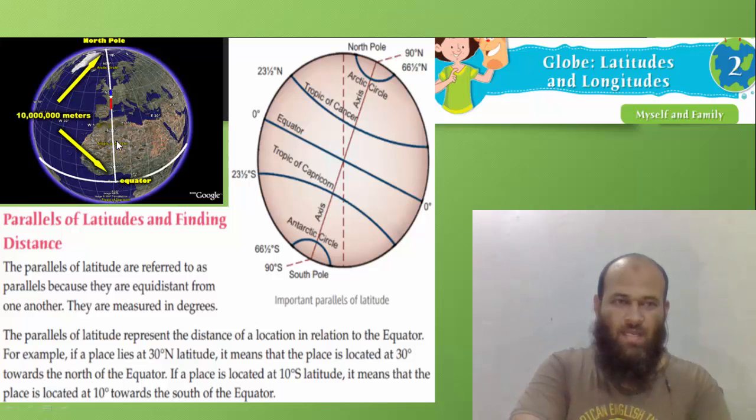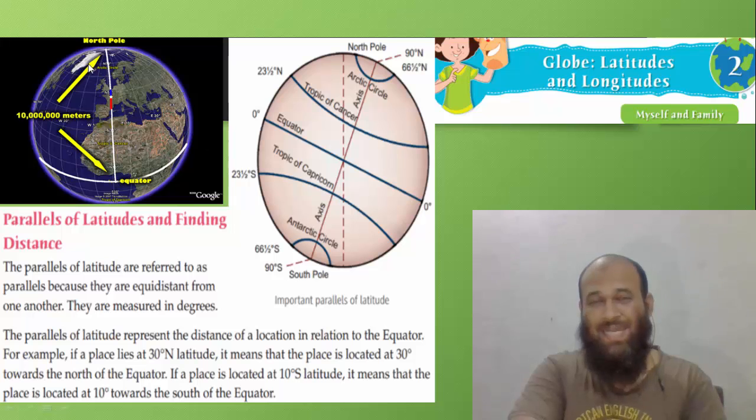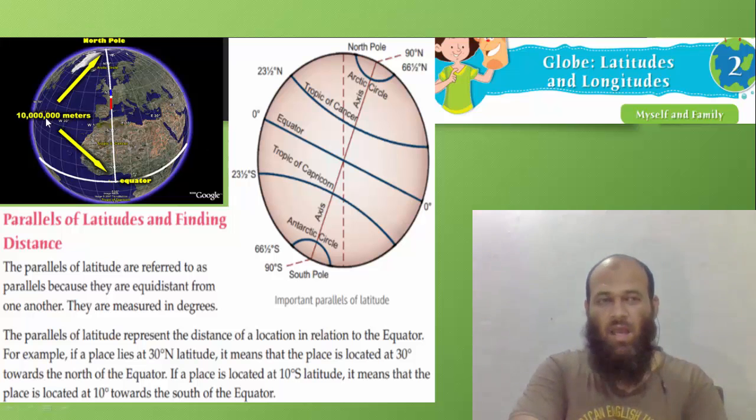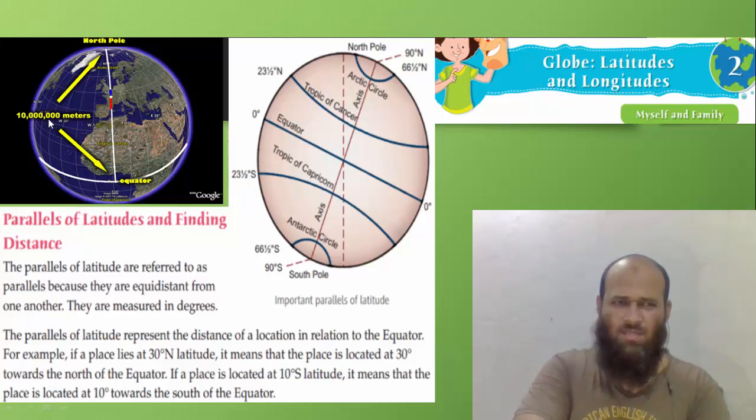You see, the distance of the North Pole in degrees, I told you, is 90 degrees north. But actually, look at that number, 10 million meters. Is it 10 million? Come on, count.